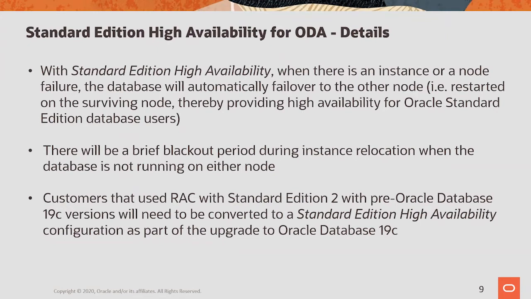So in other words, if we use node 0 as a target node, if node 0 fails, we'll fail over to node 1. So that gives a measure of high availability. Now, this differs slightly in that there is a brief blackout period during the instance relocation from node 0 to node 1, okay?